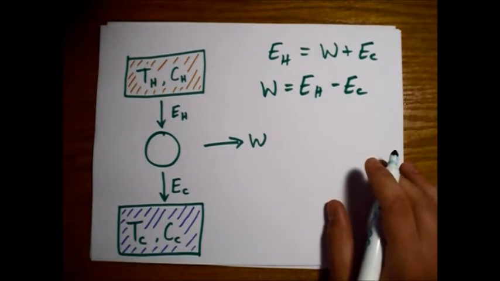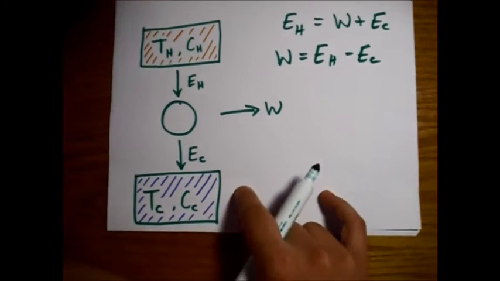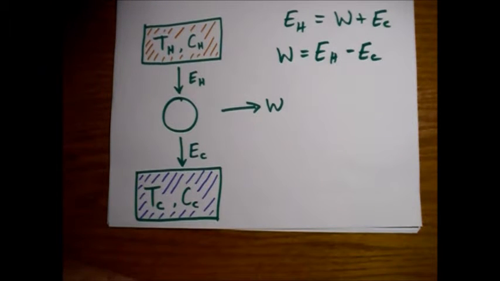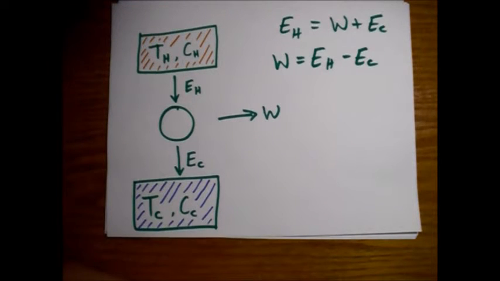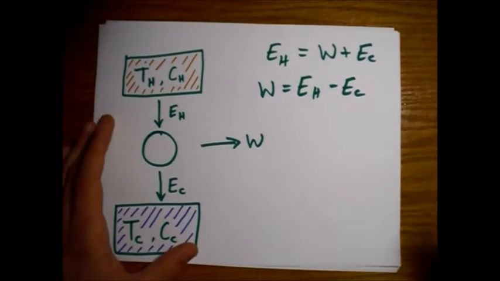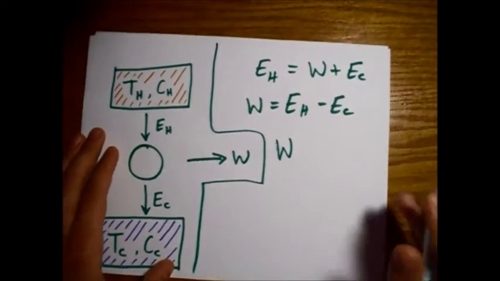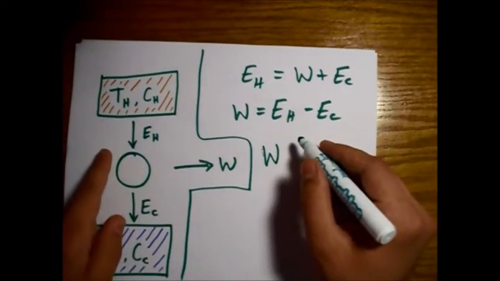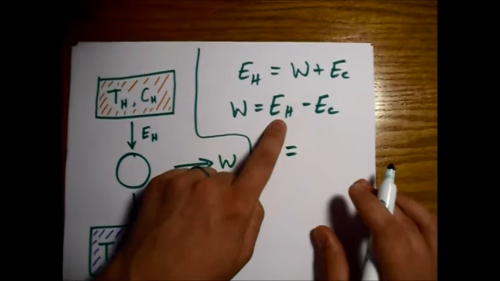Okay, so now what are these different energies? Well, they each have a constant heat capacity. So the temperature difference multiplied by this heat capacity is how much energy they've either gained or lost. We'll do this in two lines. So we need to find EH first.